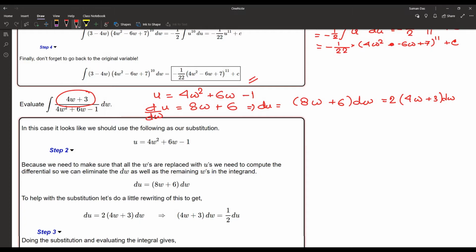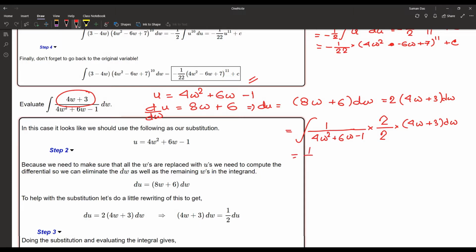So if we consider that problem, that one is becoming the integral of 1 by (4w^2 + 6w - 1) into, as 2 has been here, so we are multiplying 2 and also dividing 2 into (4w + 3) dw.